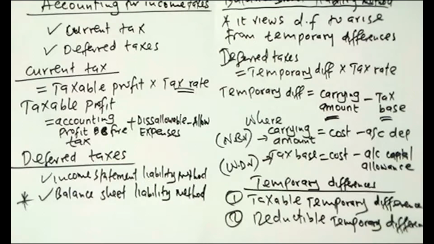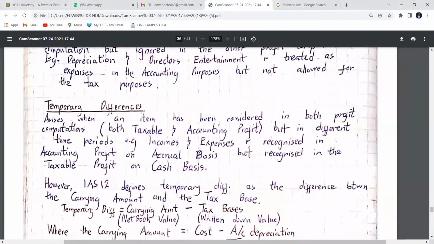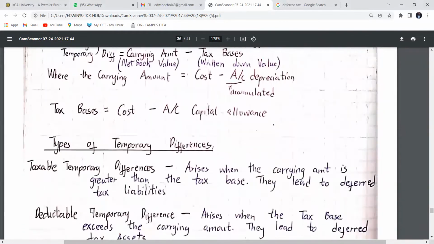So let's continue. You have understood what is temporary difference and permanent difference. However, International Accounting Standard 12 defines temporary difference as the difference between carrying amount and the tax base. That is what I said. I even went ahead to say what carrying amount is and what tax base is.